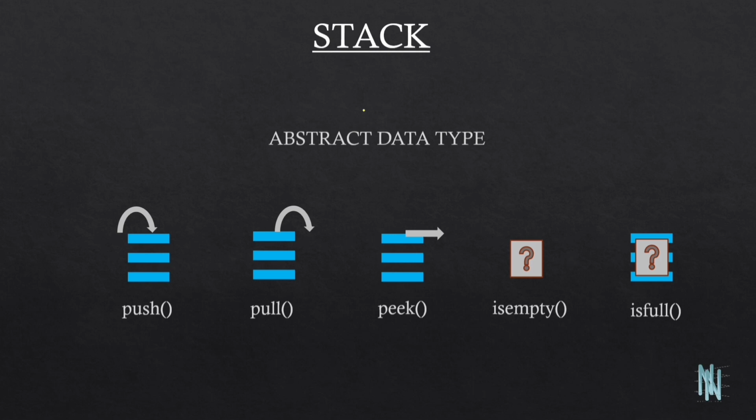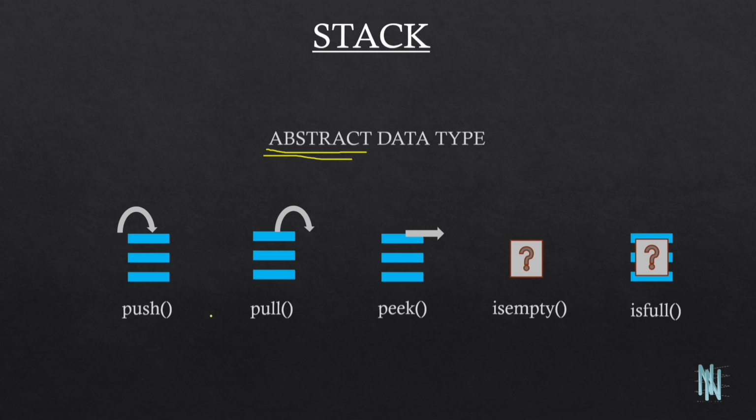Coming to the next, stack is an abstract data type. Now what does abstract mean? We focus upon certain operations which are performed in a stack, rather than focusing upon what we have done in the backend. We focus upon the operations which are defined.